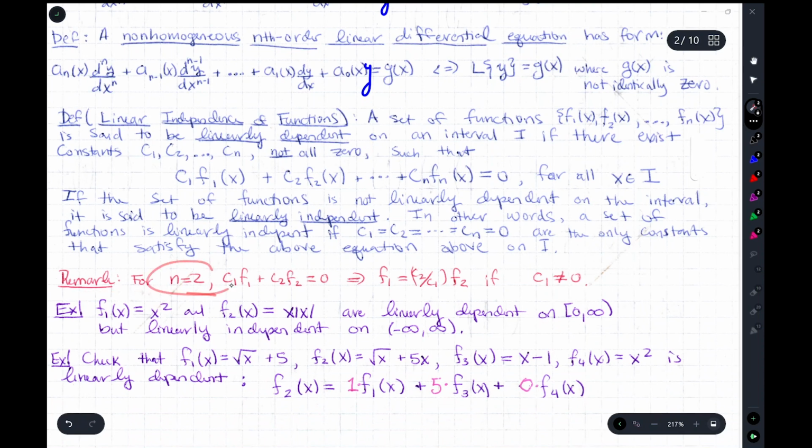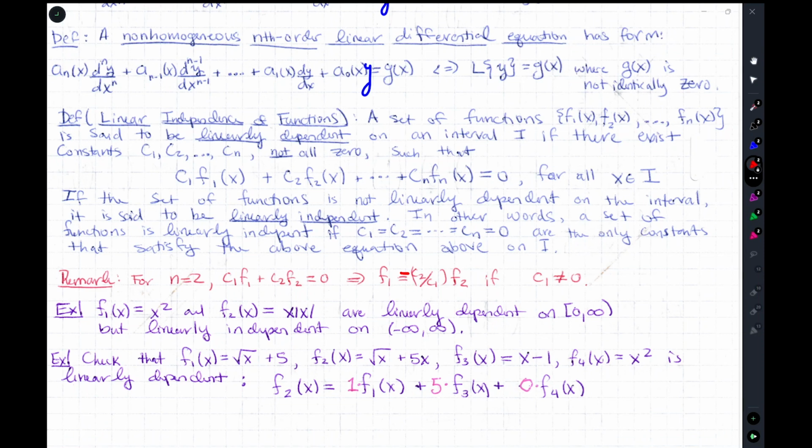And looking at n equals 2 here, if you have two functions that are linearly dependent, then C1 or C2, one of those doesn't have to be 0 to make this true. Without loss of generality, take C1 to not equal 0. Then we could move C2 to the other side and divide by C1, and you'd have a negative there when you do that.